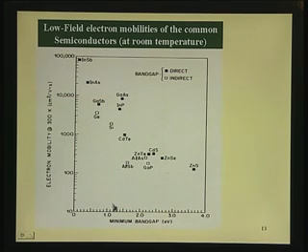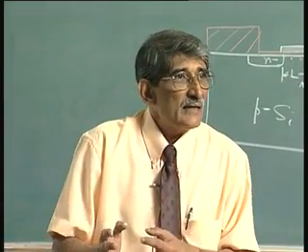Only two of them. That is gallium arsenide, with mobility about 8500 at room temperature and band gap 1.43 electron volts, higher than silicon. So, we are very happy that the band gap is high.